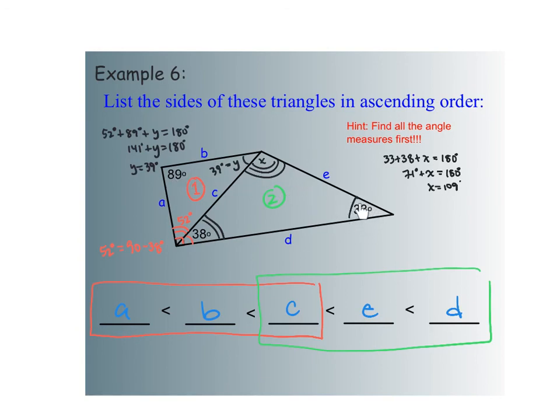So 33 degrees opens up to the same side that 89 degrees does. What this tells you is that C is the biggest side in this triangle and the smallest side in this triangle. So if you're the biggest kid in a group of people, but the smallest kid in another group of people, you can tell which of those groups would have the larger individuals. Just a contextual comparison there.